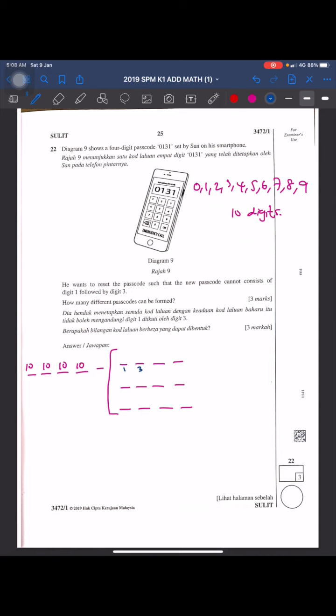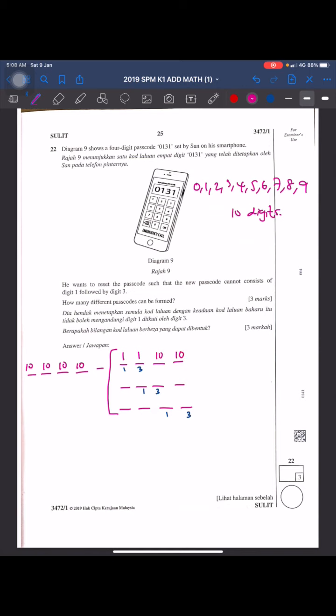Okay, mungkin sini 1, 3. Mungkin sini 1, 3. So, berapa option yang ada kalau 1, 3? So, sini 1, 1 lah. 1, 1. Okay, sini kita ada 10, 10.